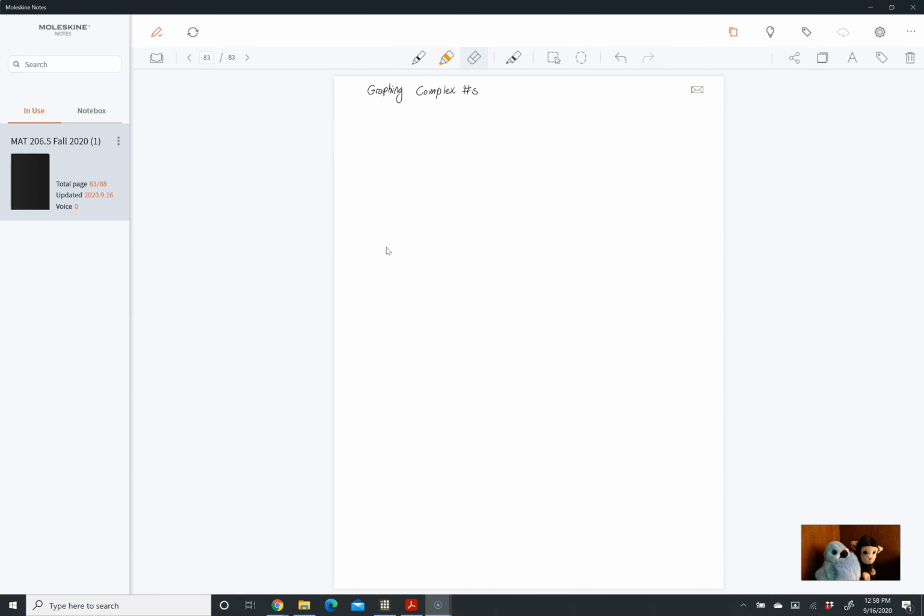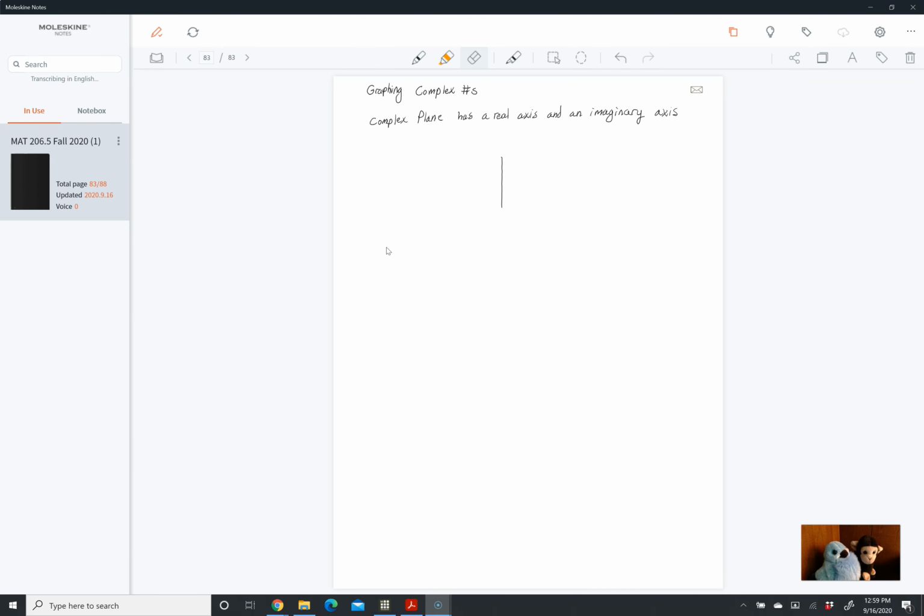So the complex plane has a real axis. That's where you would put your real numbers, and an imaginary axis. Okay, so the real axis is your horizontal axis, and your imaginary axis is your vertical one.